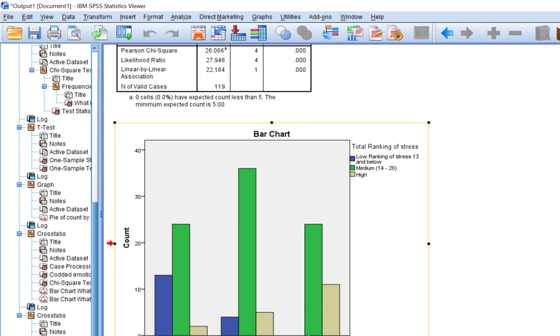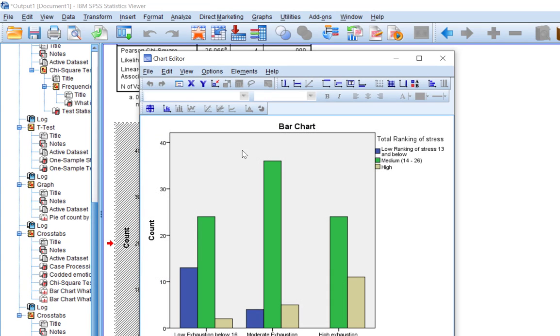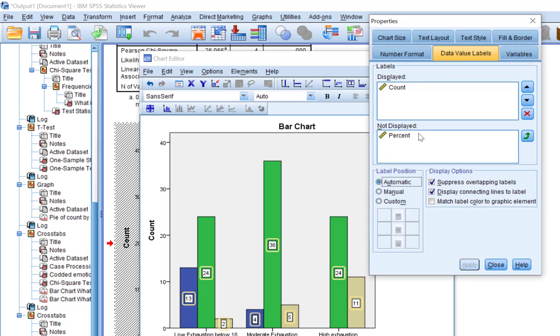So this is low exhaustion, low stress, moderate exhaustion, medium stress, high exhaustion, high stress, which is good. That validates your measures. But it's nice because let me put the numbers on this, so you can get it down if you want. We can leave it.